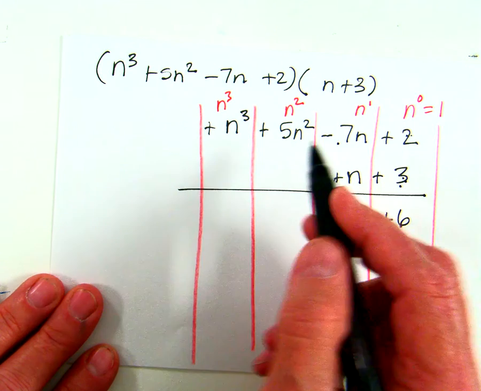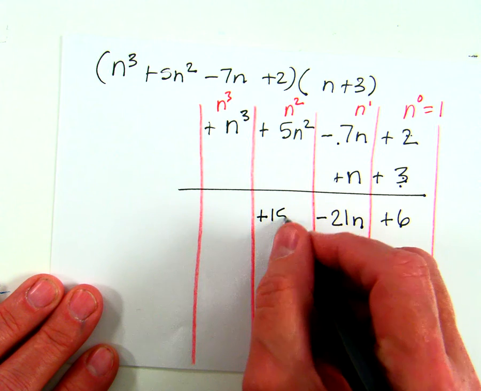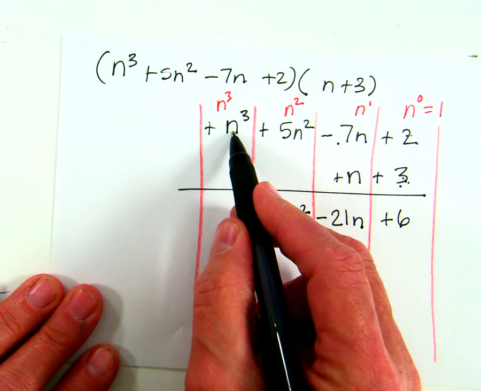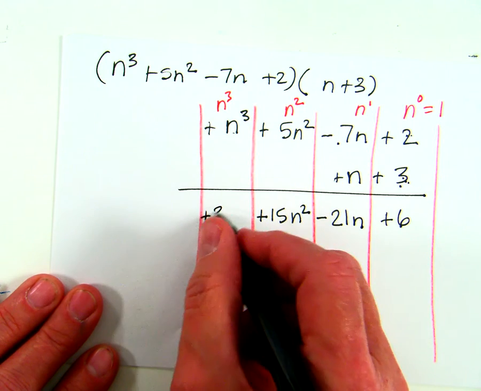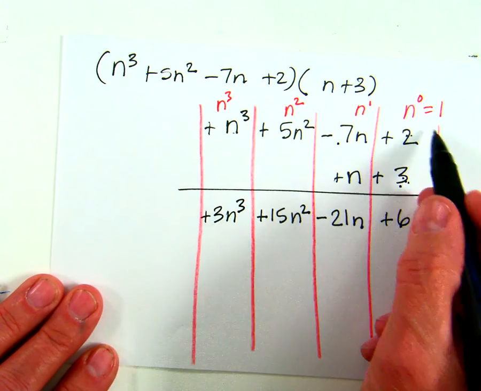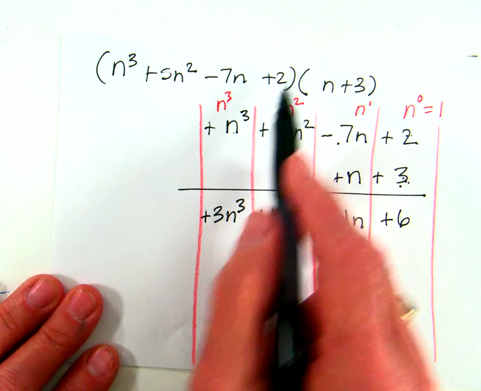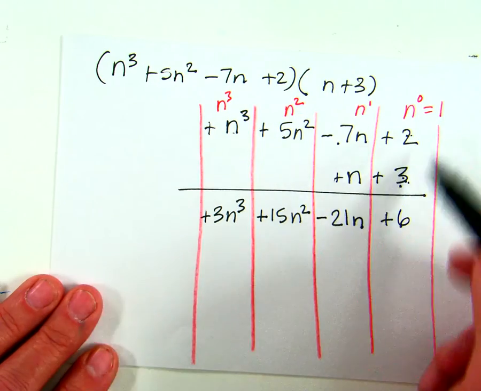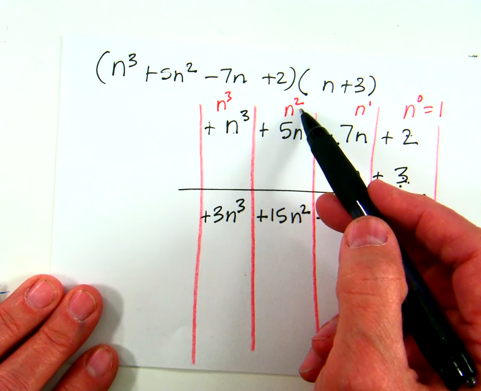Positive 3 times positive 5n squared is positive 15n squared. Positive 3 times positive n cubed is positive 3n cubed. Okay, I did the first one. That's the same thing we were just doing, the whole group times the first one, but now they're lined up by place value, where place value is the exponent of the variable.